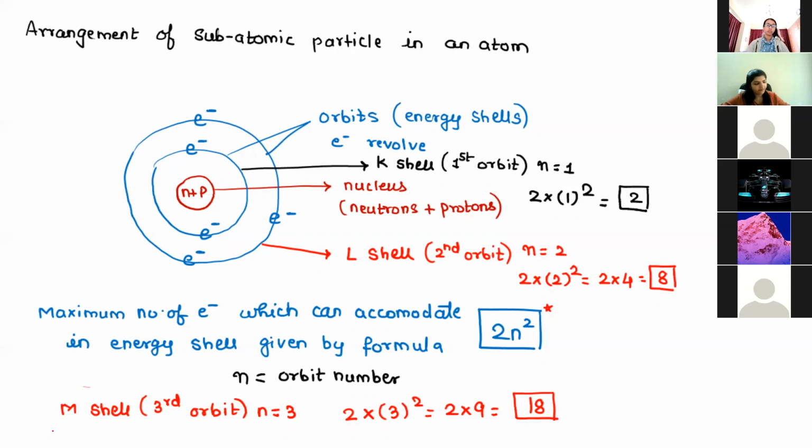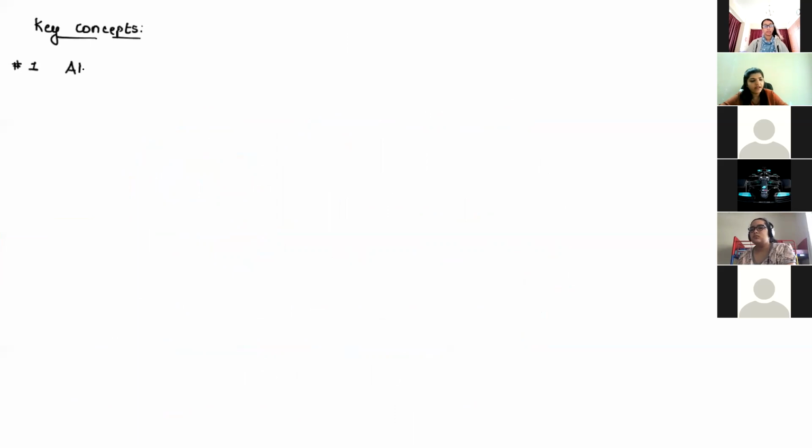Yes, miss. Okay, fine. Now let's understand some key concepts in atomic structure. Number one, what do we mean by atomic number? The number of electrons in it. Atomic number, to be precise, is not the number of electrons, but the total number of protons.